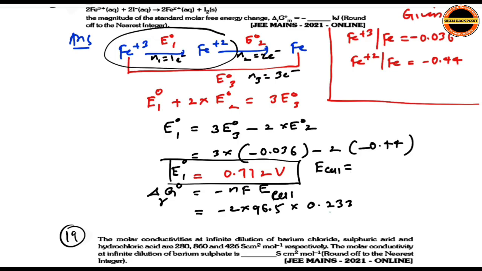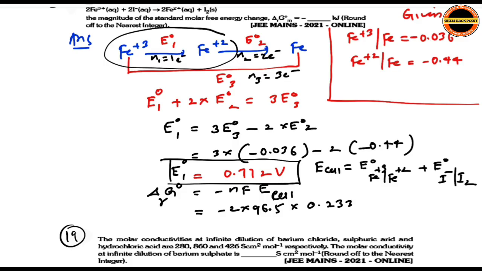E cell is equal to E naught Fe plus 3 to Fe plus 2, plus E naught I minus to I2. This value is also given here.